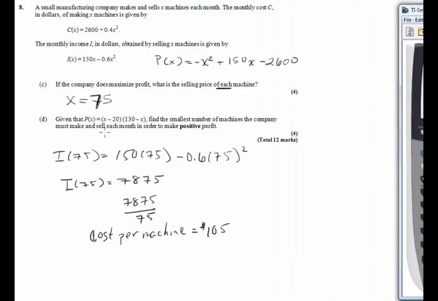letter D. Given that P is equal to x minus 20, 130 minus x. Find the smallest number of machines the company must sell to make a positive profit. And basically what they did is this equation is our original equation factorized.